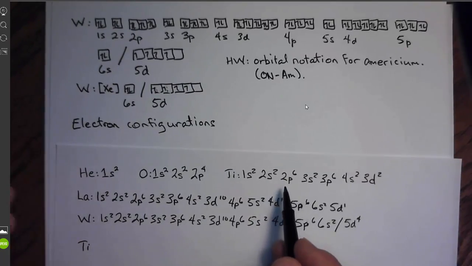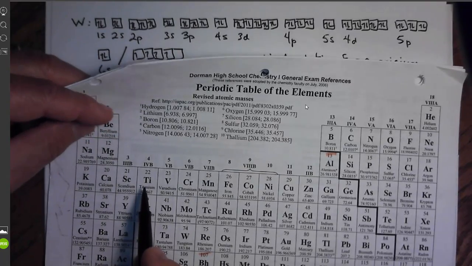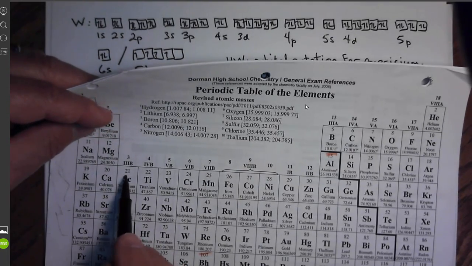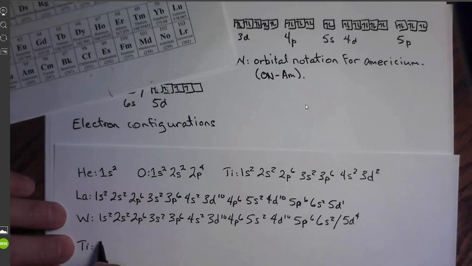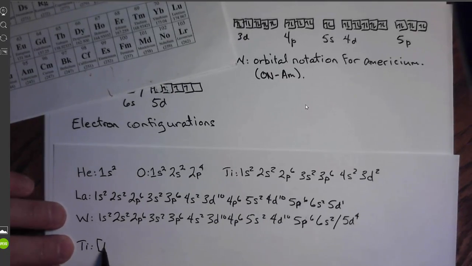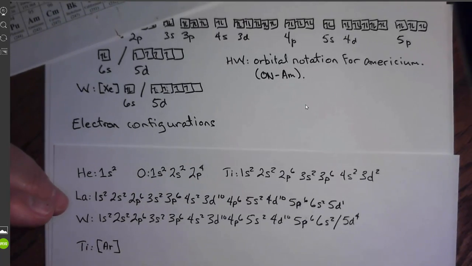I'd find the next lowest noble gas on the periodic table. Titanium is here, counting backwards from 22, 21, 20, 19. The next lowest noble gas is argon. So I'd put a colon, and I put argon in brackets. It has to be in brackets, not parentheses. Okay? And then I want whatever of that electron configuration goes beyond argon.